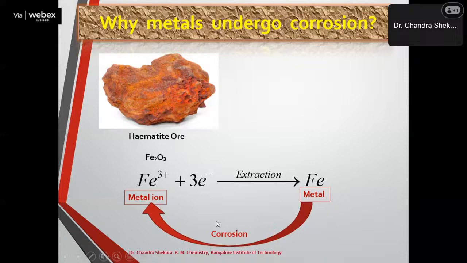Therefore, the majority of metals are at a higher energy state, and when they are exposed to the environment, they show the tendency to lose that extra energy, and they lose that extra energy by undergoing oxidation in the reverse direction. And that particular tendency of metal is nothing but corrosion of the metallic material.